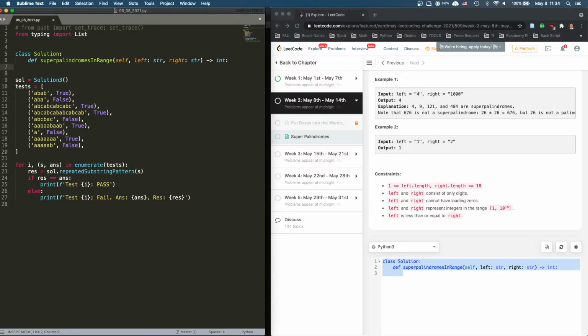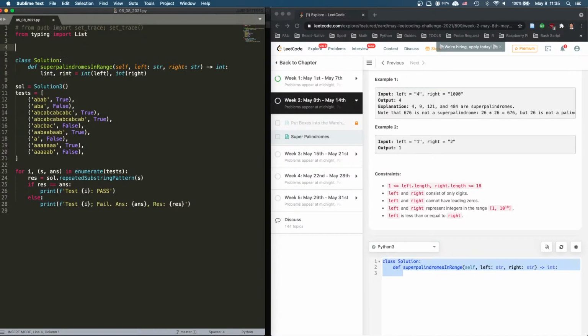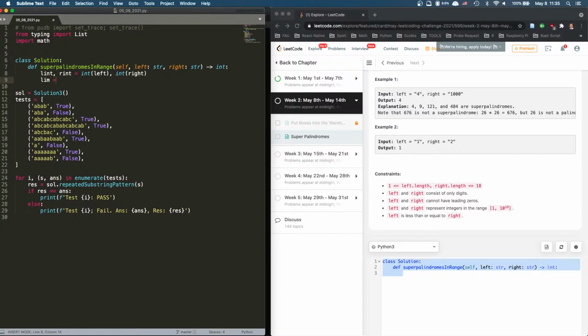But there's one thing. So I'm gonna say lint, right int equals int left, int right, and I think we also need to import math because we want to do sqrt, and we're gonna say limit equals math.sqrt of r int.